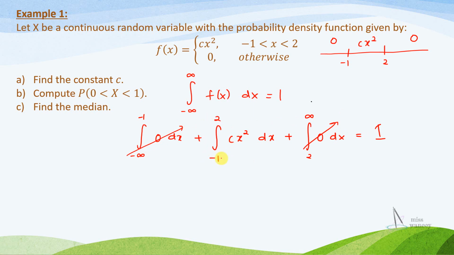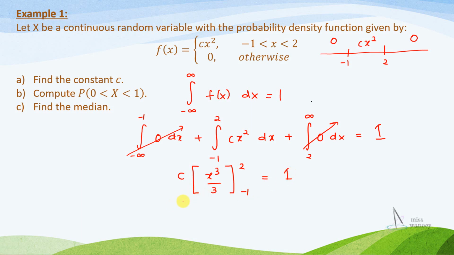Now we can integrate cx squared. c is simply a constant, so you can bring the c outside. We are going to get x cubed over 3, with upper limit 2, lower limit -1, and this is equal to 1.